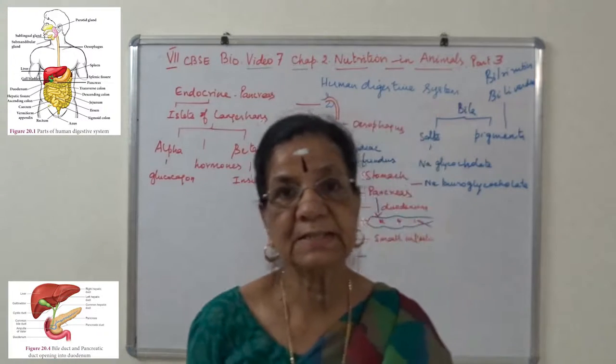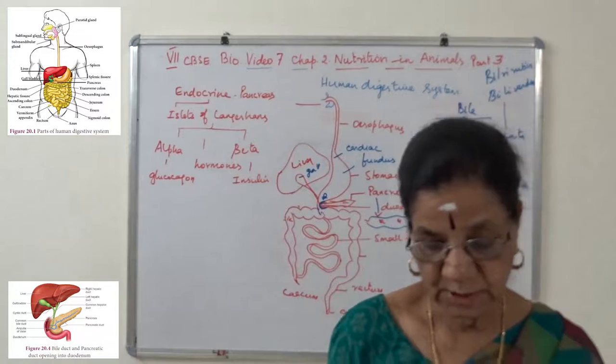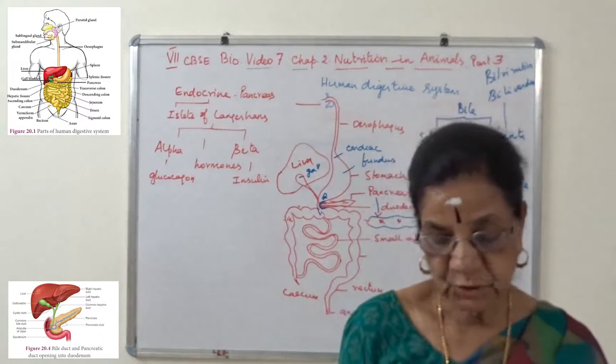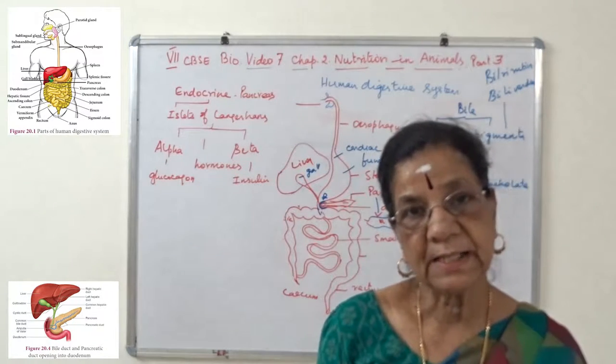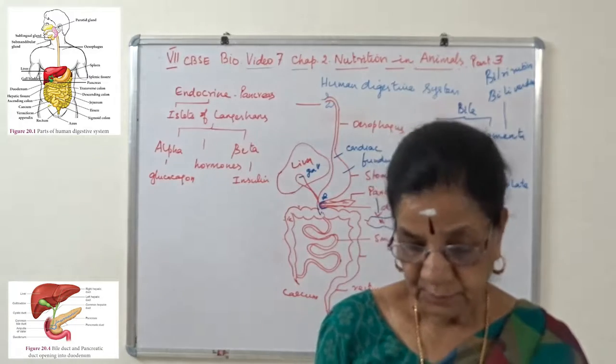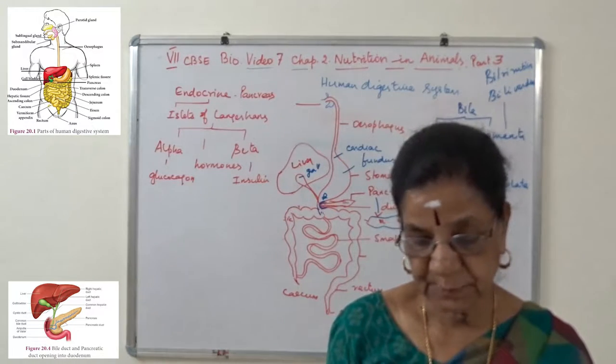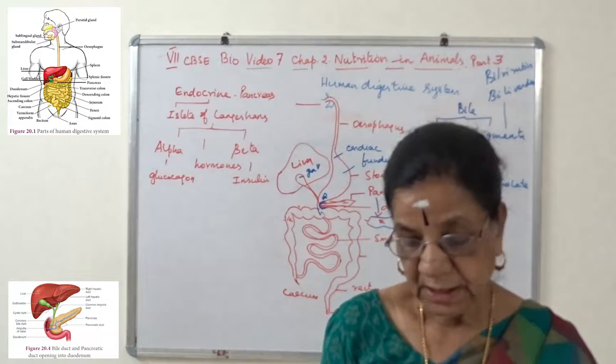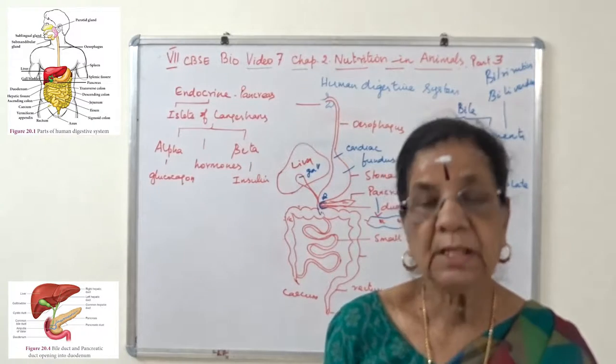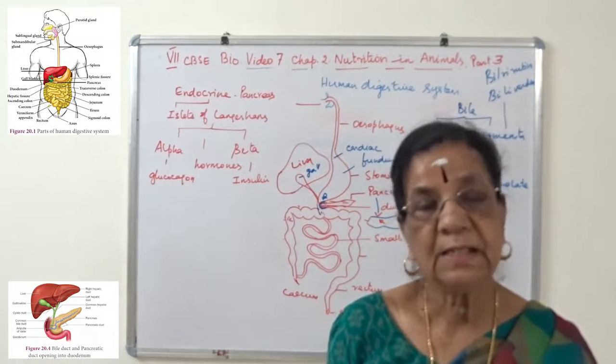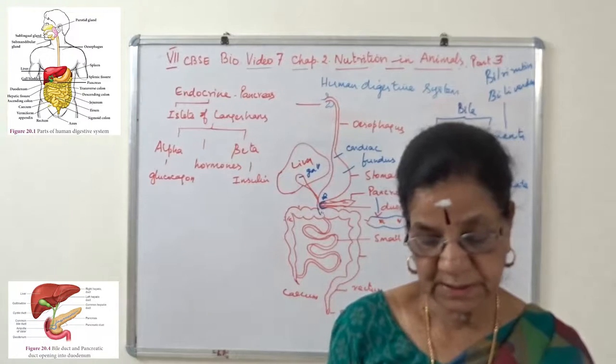The pancreas acts as both exocrine and endocrine gland. The exocrine part of the pancreatic gland secretes enzymes: trypsin, chymotrypsin, lipase, amylase, and carboxypeptidase.